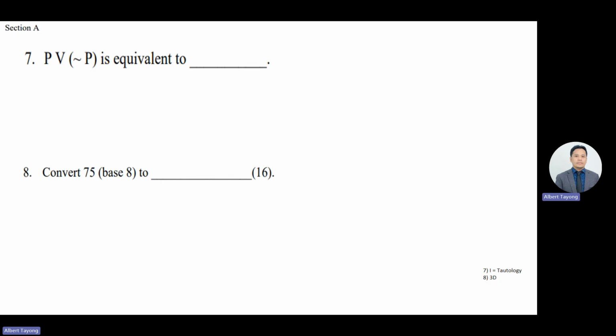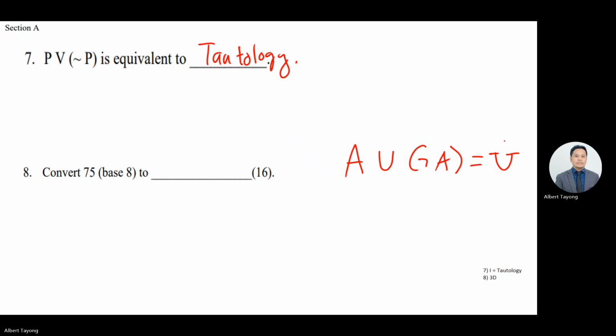Let's go to number 7. P or not P is equivalent to tautology. It's like A union not A equals universe. So tautology actually is equivalent to universal set in set theory.